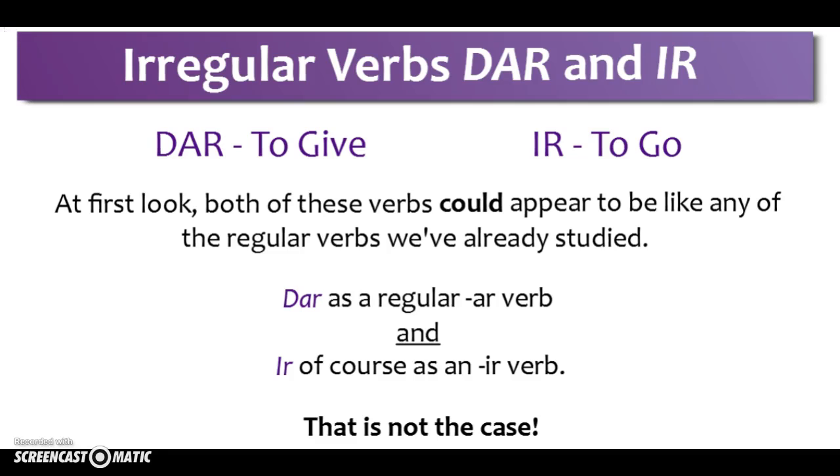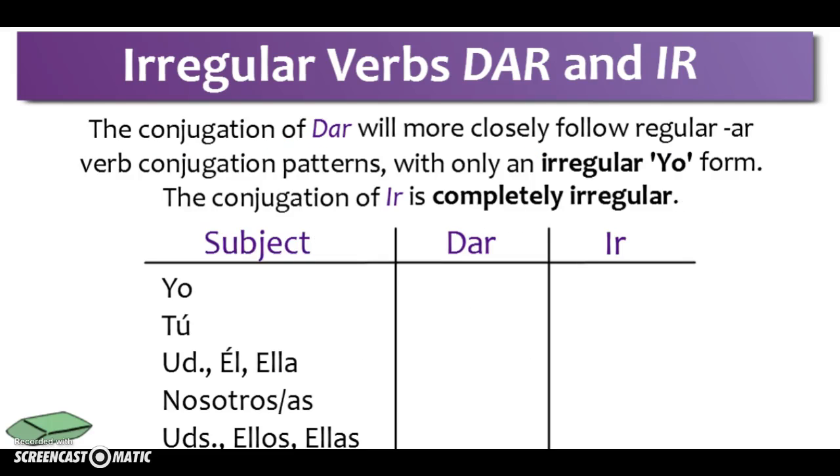Let's take a look at these conjugation patterns. Dar is regular up to the point of the yo conjugation, which is irregular. What looks a little different with dar as well is that your stem, once you take off the infinitive ending of AR, is simply the letter D. We're going to skip the irregular yo for a second and go to tú.